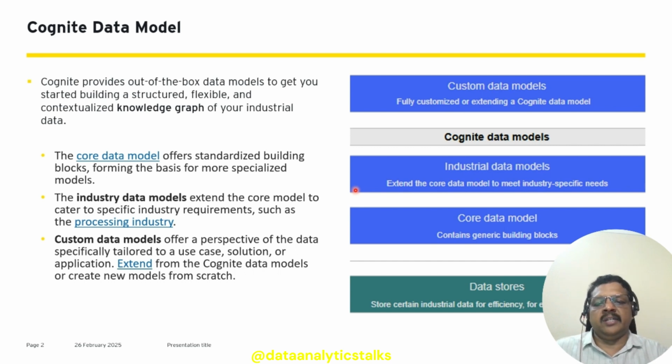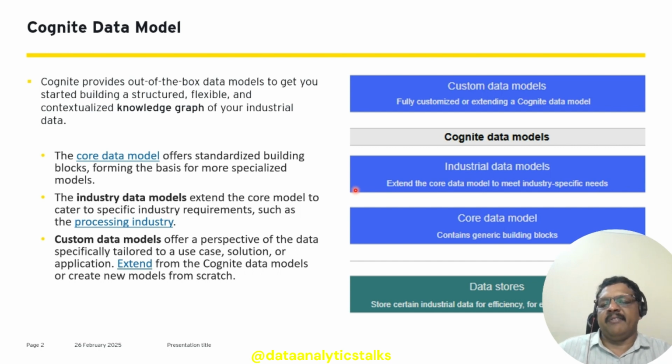Coming to the industrial data model, what is it? It is when you extend the core data model to meet industry specific needs. Take an example: we are working in the oil and gas industry. The core data model comes with inbuilt data models, but it may not have all the data models required for supporting this particular industry. So we need to extend the core data model.